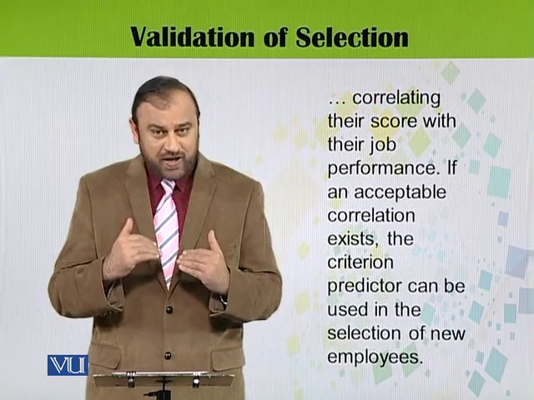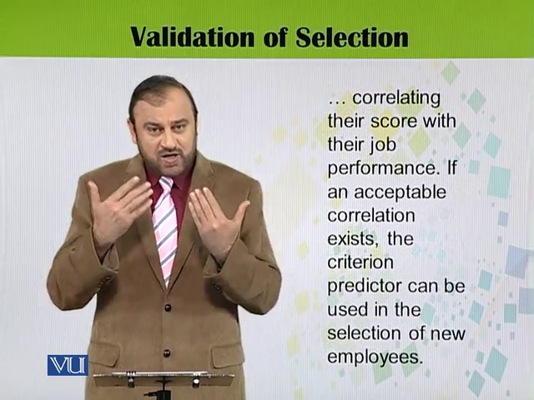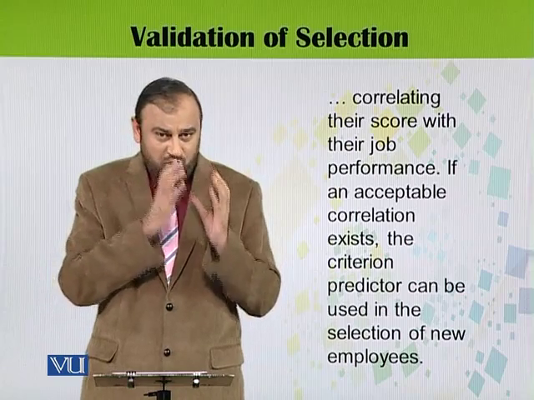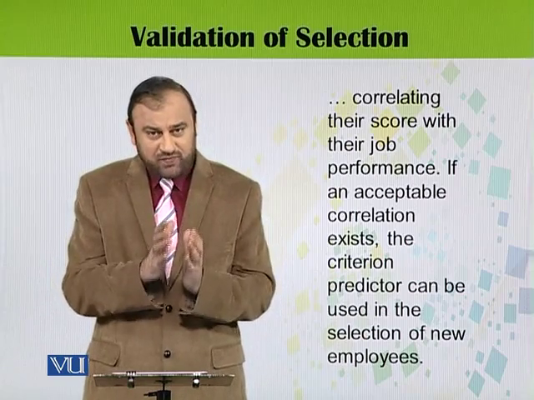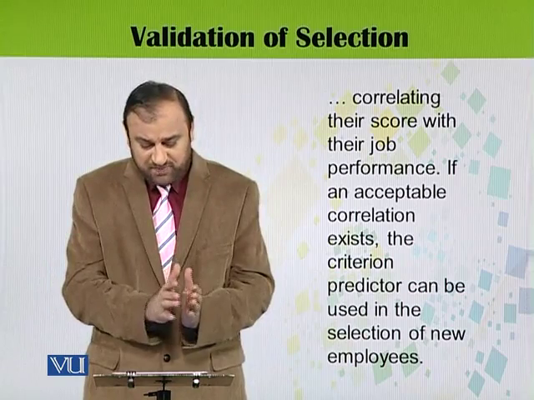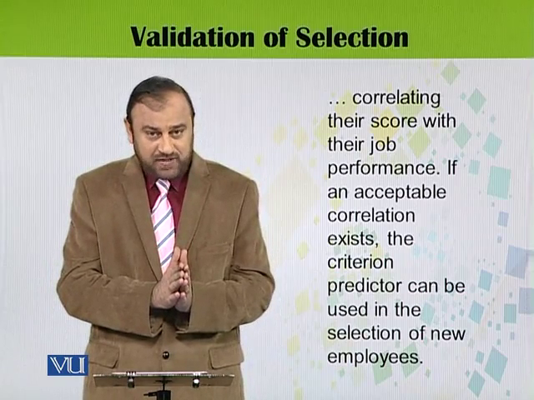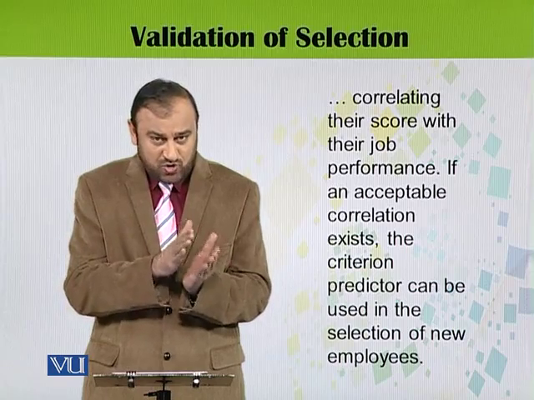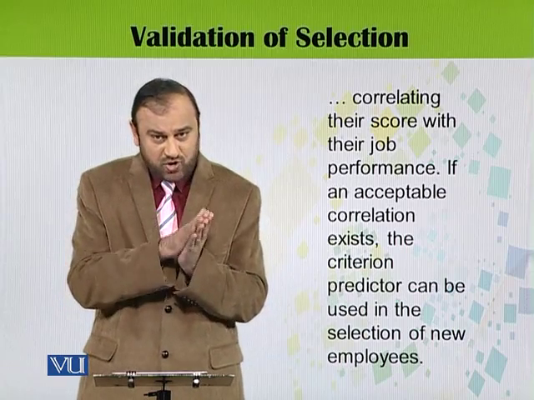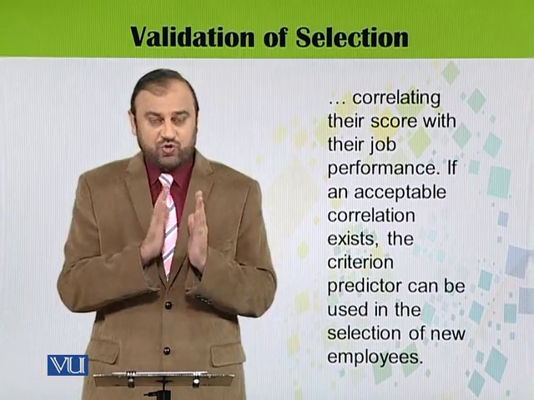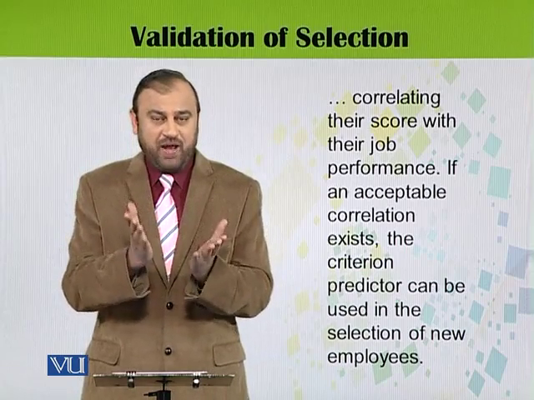If the scores of the test correlate with the job performance of the existing employees, it means that it is acceptable. If an acceptable correlation exists between the score and the job performance, the criterion predictor can be used in the selection of new employees as well.